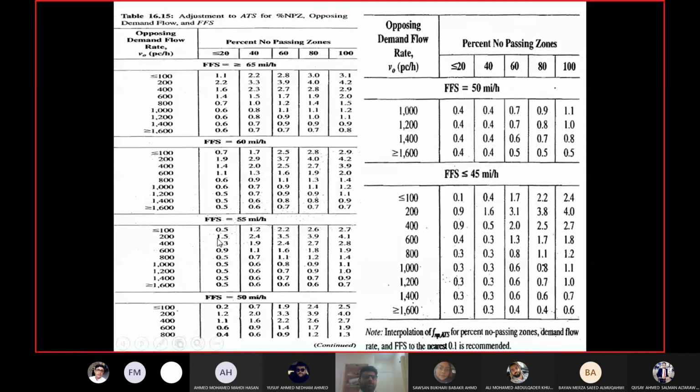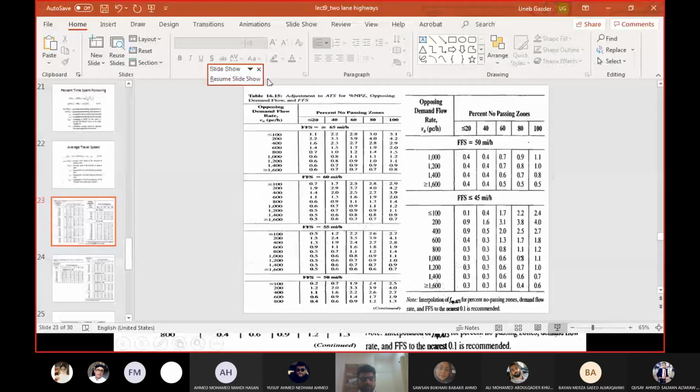I need opposing flow rate. Opposing flow rate is 416.16. So I have to interpolate between these two values, 400 and 600, so between 2.4 and 1.6. Let us do that.